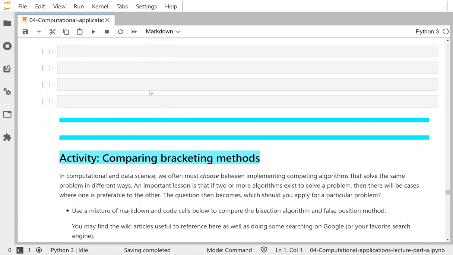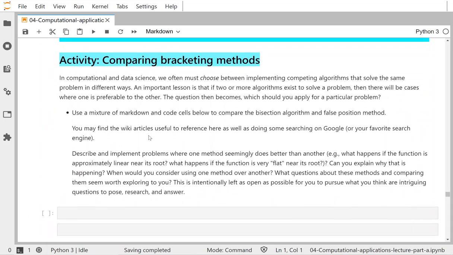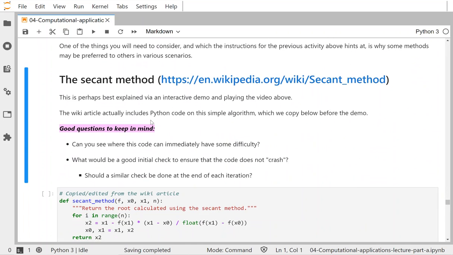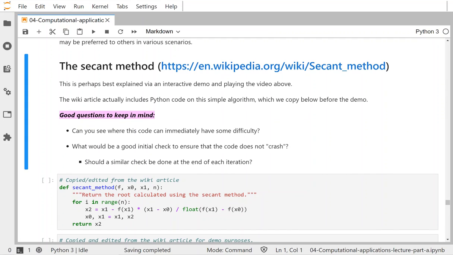So the bracketing methods require you to know that the root is between two values. The iterative methods do not require that level of knowledge or specification of information to start trying to find the root. The link to the secant method that I provide goes to the Wikipedia article.